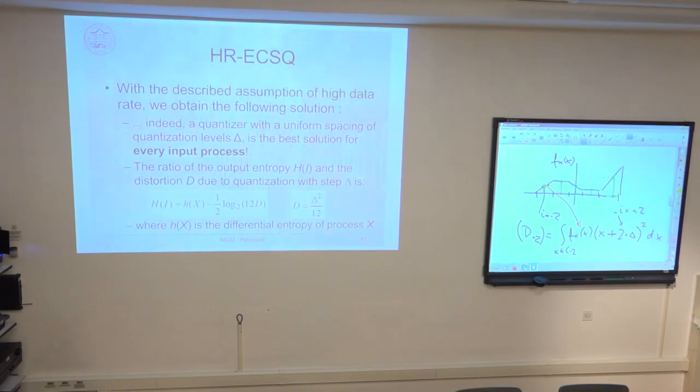We will immediately introduce the solution; we're skipping the derivation. And the answer is, indeed, the quantizer that has uniform spacing of quantization level delta is the best solution for every input process. Because the question was, is it really a uniform scalar quantizer that is the best one?